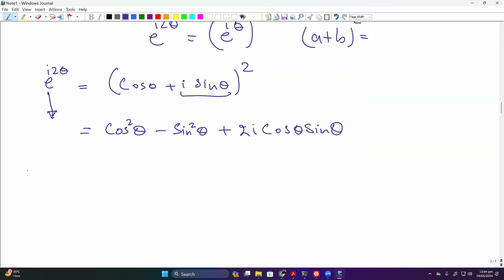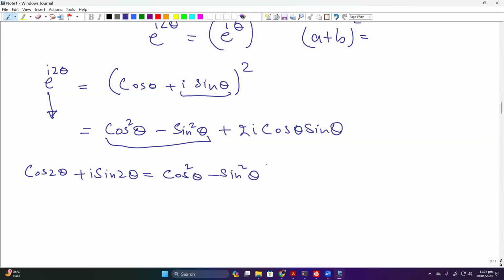Opening this side is going to give me cos 2 theta plus i sine 2 theta. On the other hand, I have to write these two terms as a collection, because these are free of iota. And then I'll take this iota common, and this is 2 cos theta sine theta.